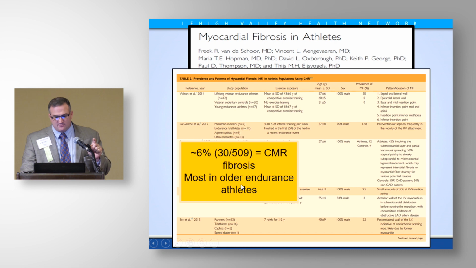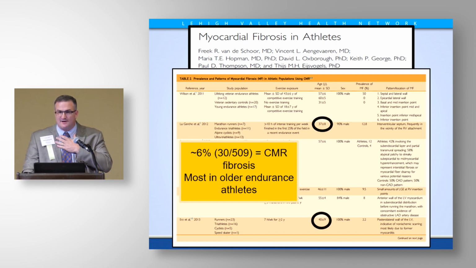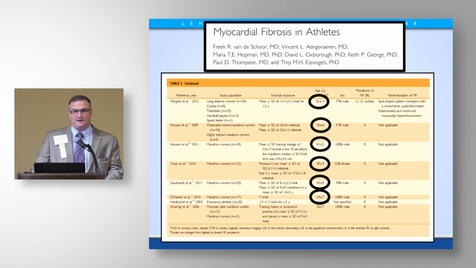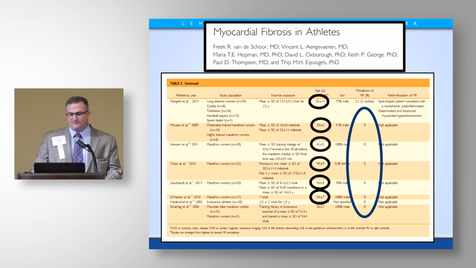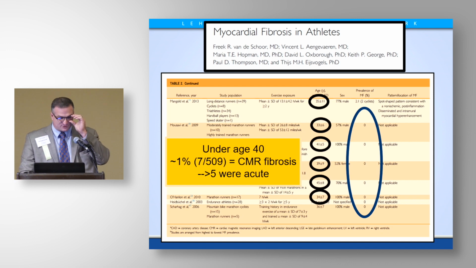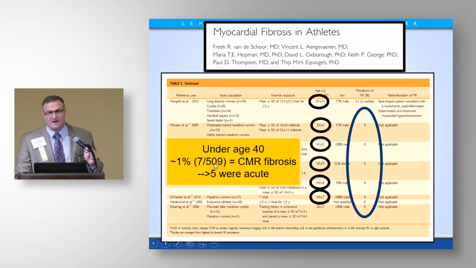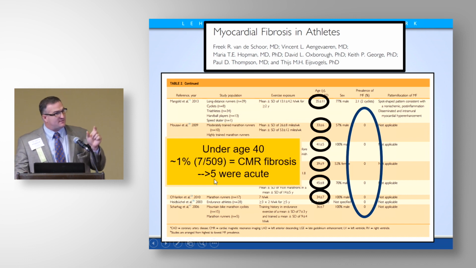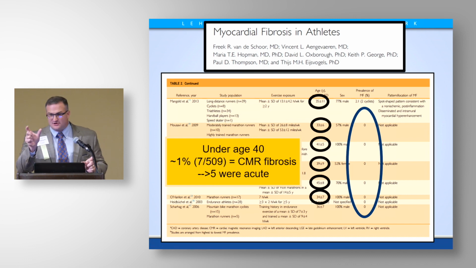But if you dig a little deeper and look at those under the age of 40, which is the group I'm mostly concerned about for hypertrophic cardiomyopathy and heritable type diseases, you go down this list and you'll find that across the board, myocardial fibrosis was undetectable, pretty rare. About 1%, 7 out of 509 patients completely, and 5 of those were in the acute phase, meaning they raced and then they jumped in an MRI scanner within a day to look for myocardial fibrosis.